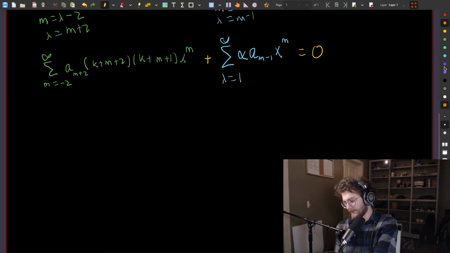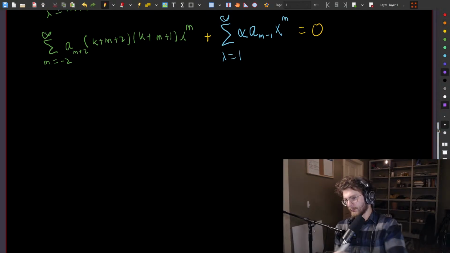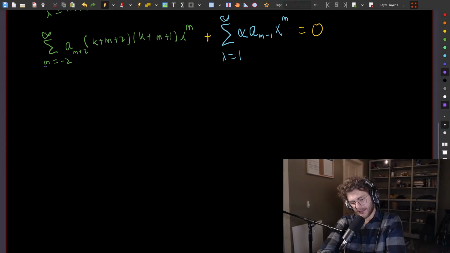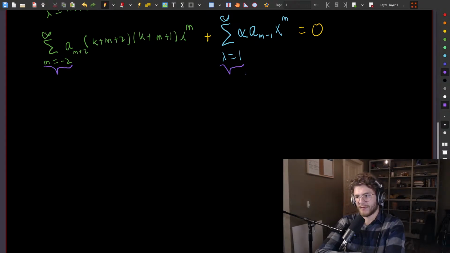Because it's fun to mislead people. So we need these little guys here to be the same, but they're not the same. So we're going to have to add the -2, -1, and 0 terms before everything else. What does that mean? Well, that's what the purple parts are going to be.